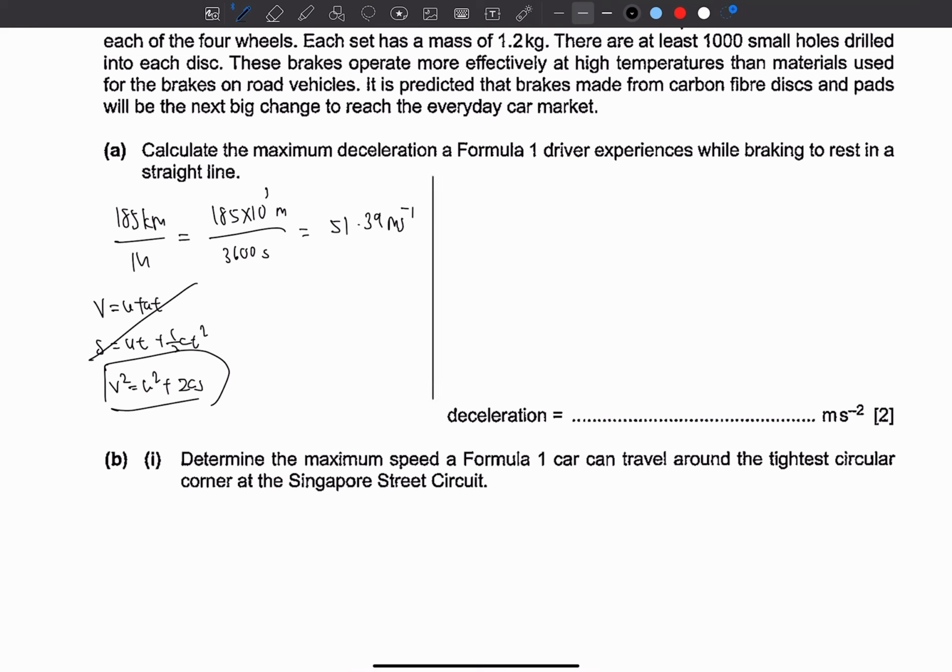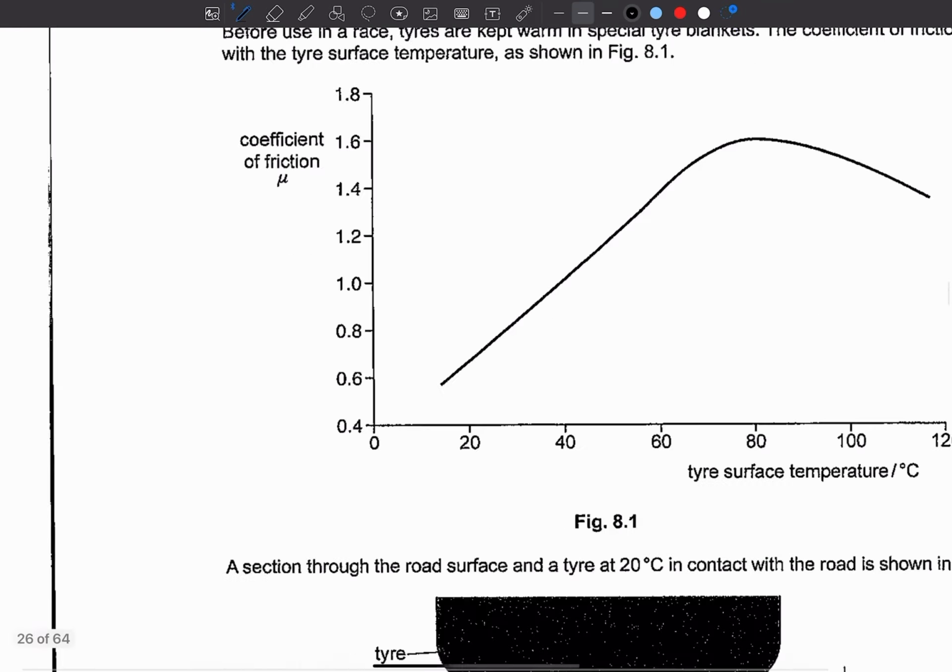So if we were to rearrange it, we're looking for a. So a is equal to v squared minus u squared, all over 2s. The final velocity will definitely be 0, and the initial velocity is given by 51.39 meters per second, squared, divided by 2 times the displacement, which is 80 meters.